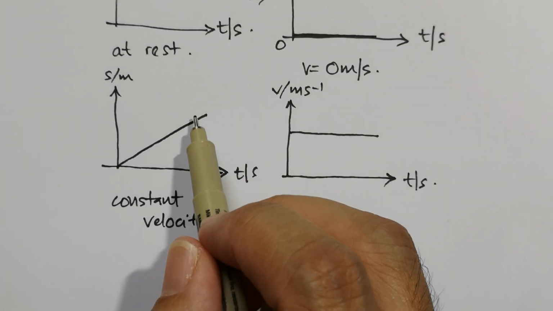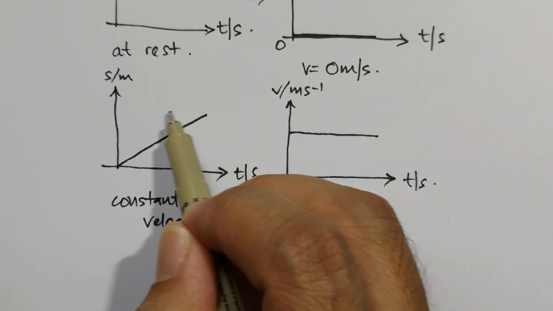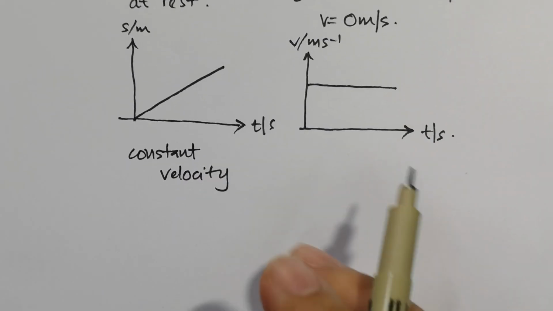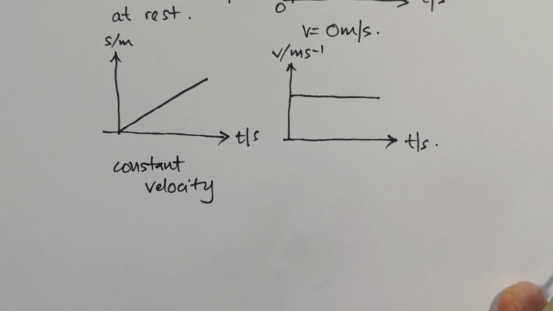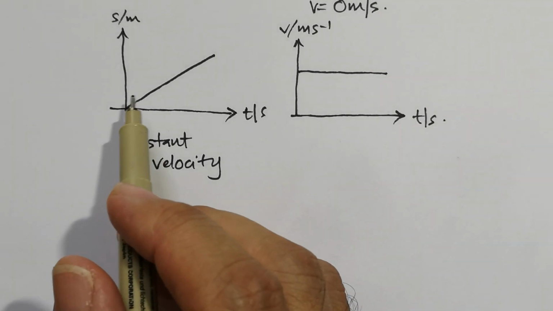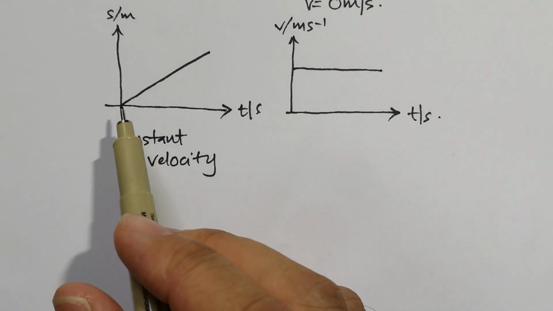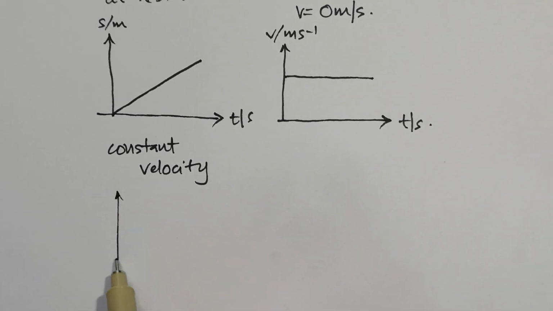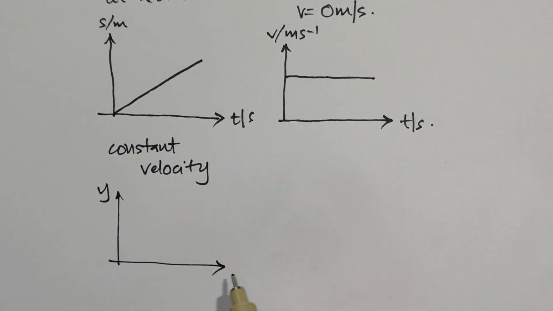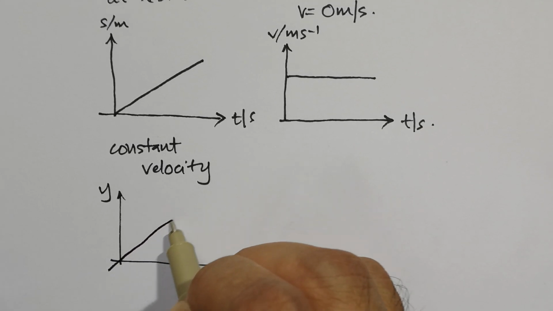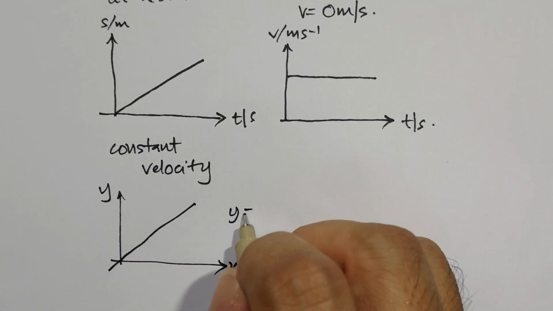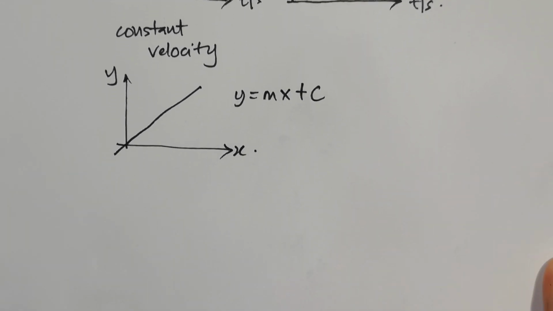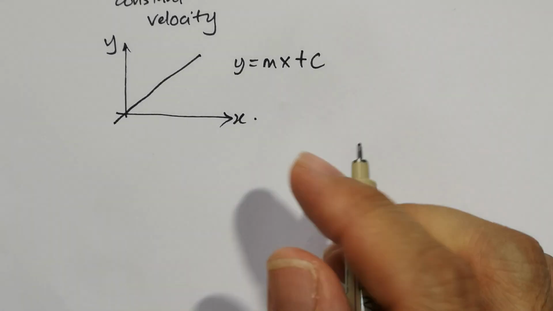Why do I say that this gradient will give this? To understand gradient, we must understand what this is all about. In mathematics, if you were to plot this as a y-axis and x-axis, the equation of the graph will give you y equals mx plus c.